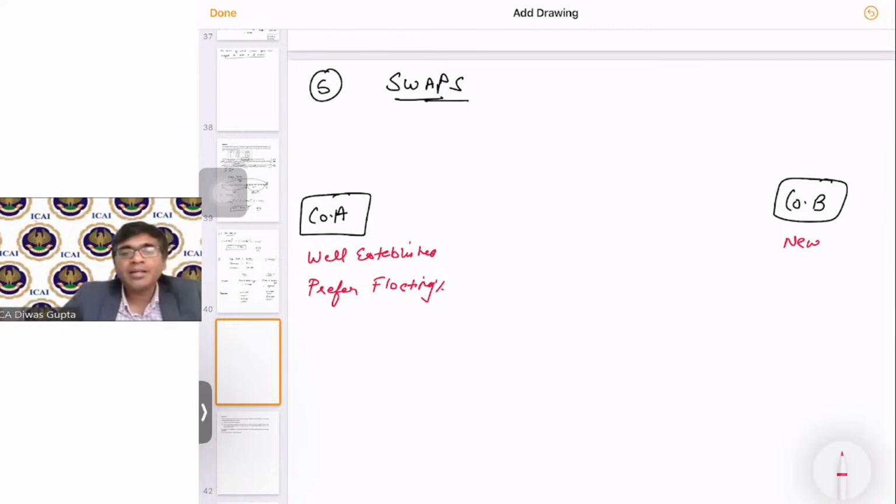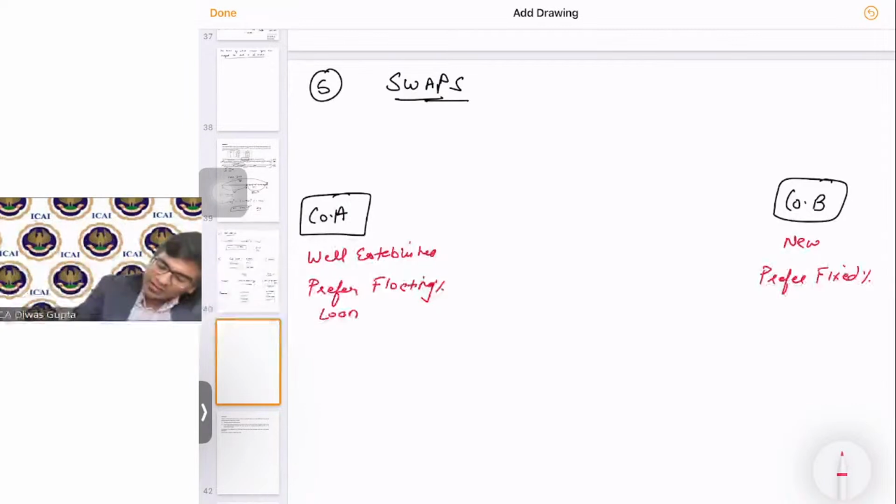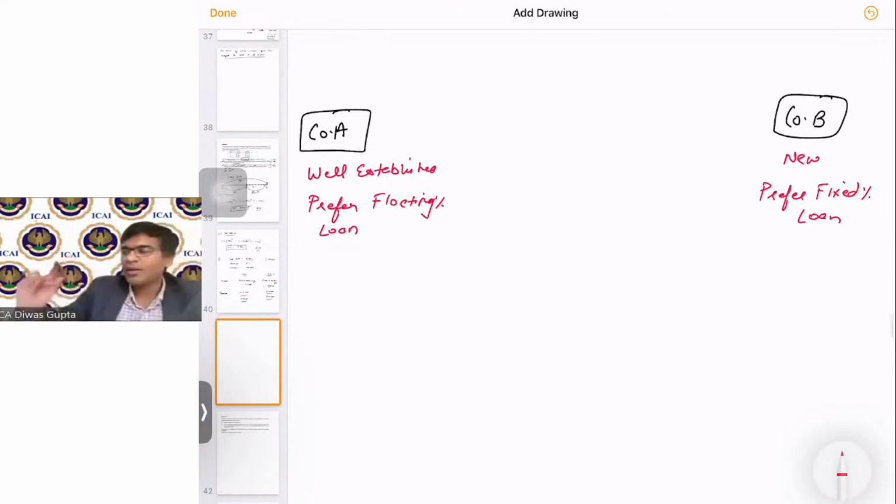But since company B is low on profitability, they don't have enough EBITDA to fund the repayment of the loan, they prefer fixed percentage loans or borrowings. That is the preference that both of them have already given.